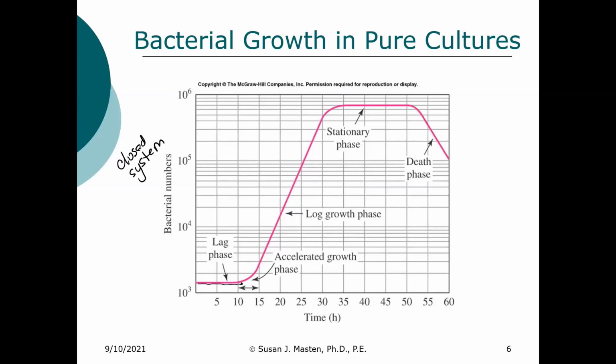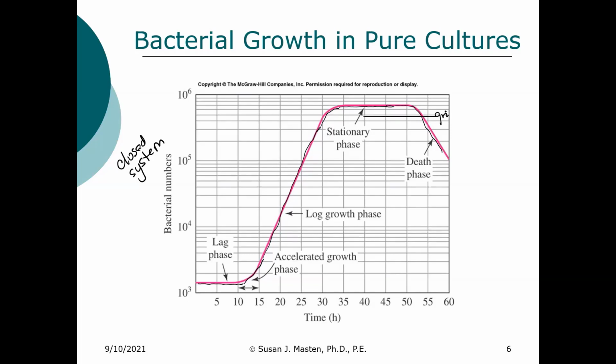As the bacteria become acclimated to the environment, the growth accelerates. It then reaches a log phase. Growth slows down. We have no net growth. And then we have a death phase, so we have a declining population.